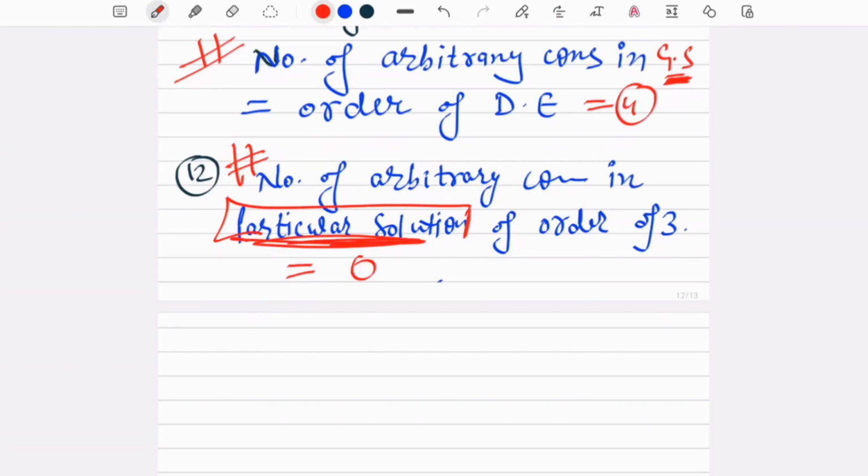It is not the general solution. In the general solution we will have arbitrary constants, but in a particular solution we do not have any arbitrary constant. We have constants, but we do not have arbitrary constants. Are you making the difference between constant and arbitrary constant? Yes sir, I got it.